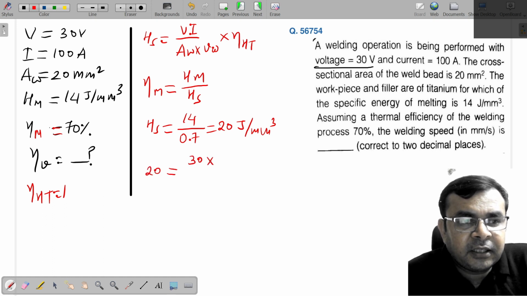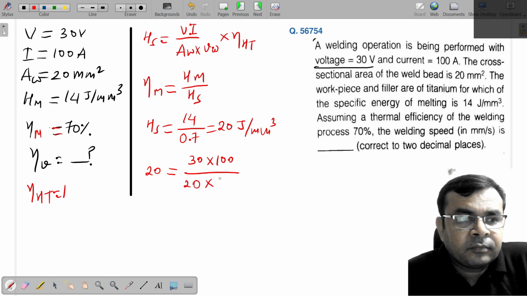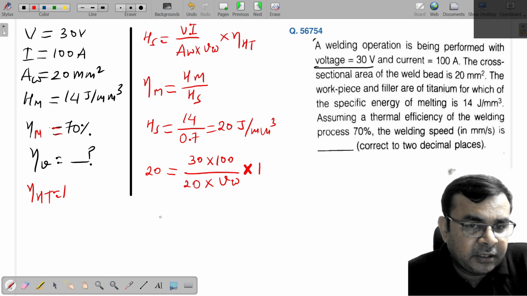V is given, that is 30 into 100 over AW, that is 20 millimeter square, into VW, you need to calculate, and melting efficiency is assumed to be 100%, that is 1.